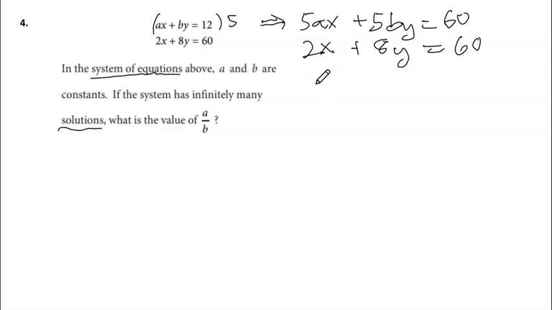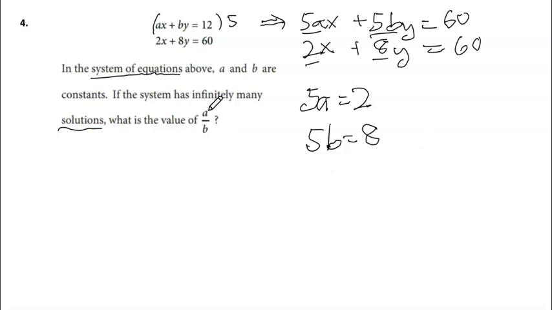So I would say 5a equals 2, for these two. And in the same manner, 5b equals 8. 5b is the coefficient of y in the first equation, and 8 is the coefficient of y in the second equation.